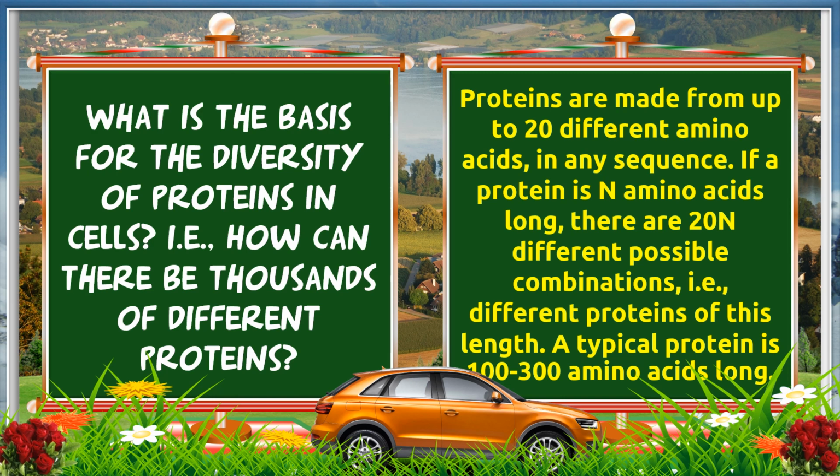In any sequence, if a protein is n amino acids long, there are 20^n different possible combinations, i.e., different proteins of this length. A typical protein is 100 to 300 amino acids long.